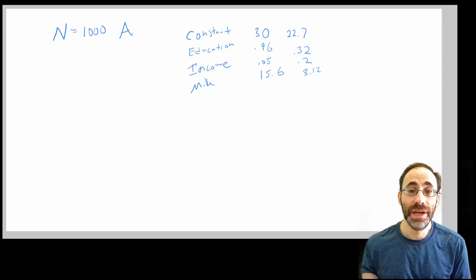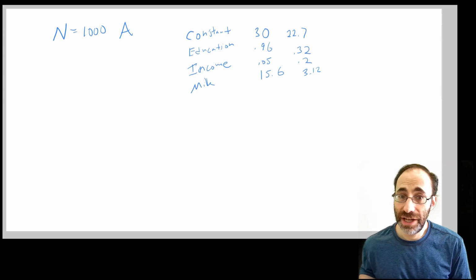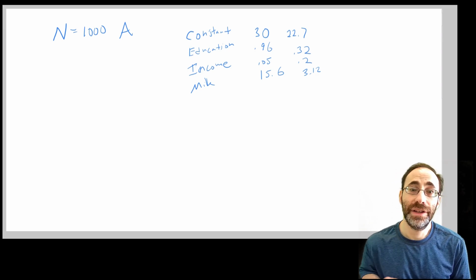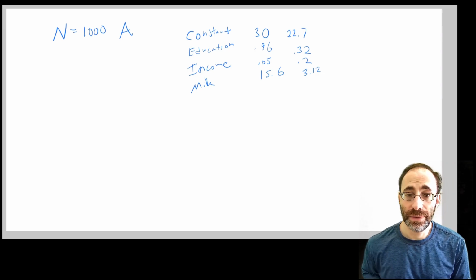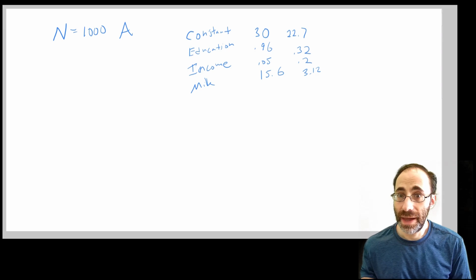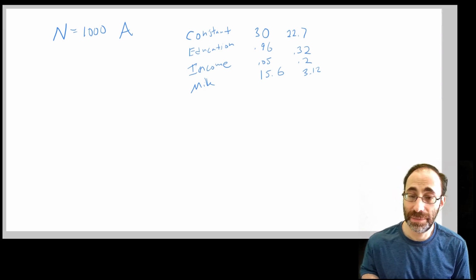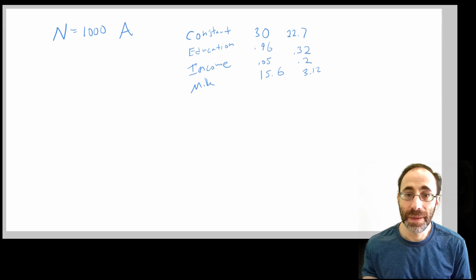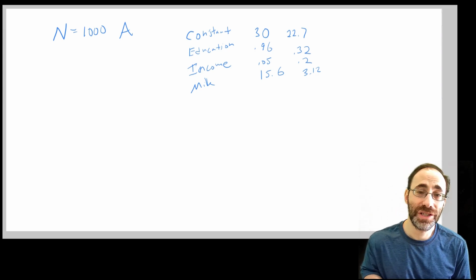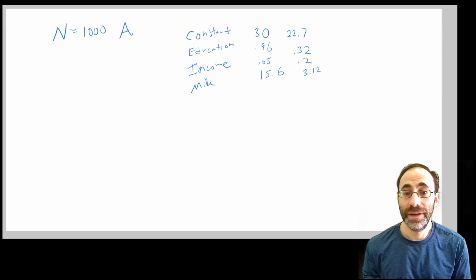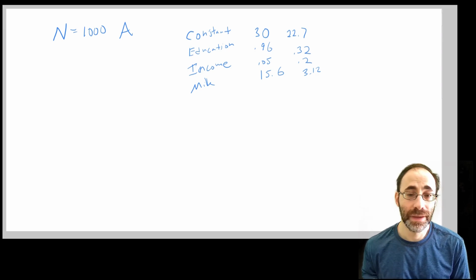The first one says increasing education has no effect on an individual's likelihood of voting for candidate A. The second one says increasing income has no effect on a respondent's likelihood of voting for candidate A, at least self-reported vote. And the third one says having drunk milk that morning has no effect on a person's likelihood of voting for candidate A. So there are 3 null hypotheses.